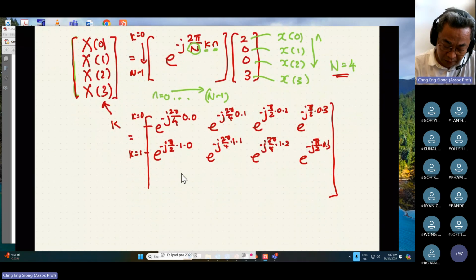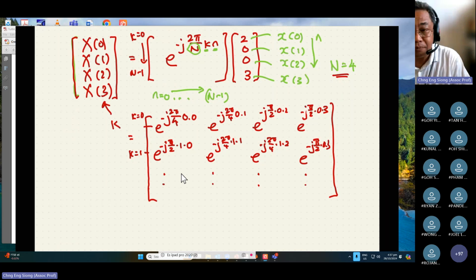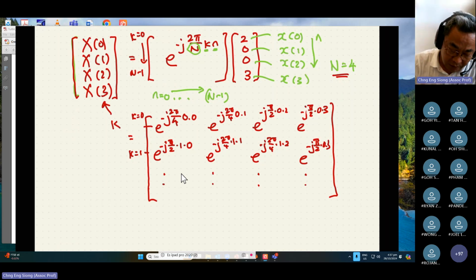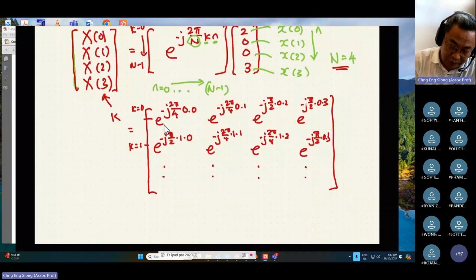And then you can complete the rest, right, guys? I don't think I need to do this. And we're done for W. Now, let's substitute the values and calculate this matrix.